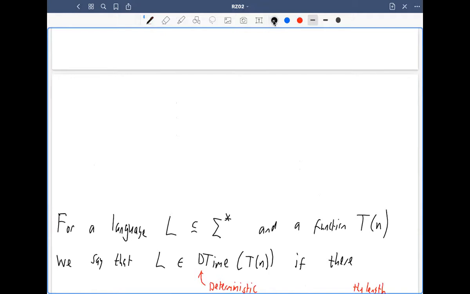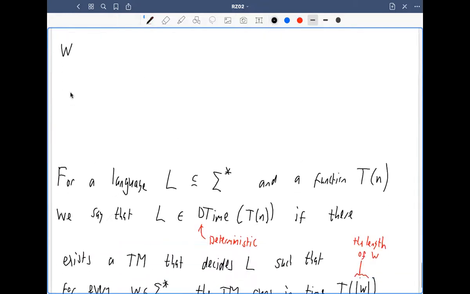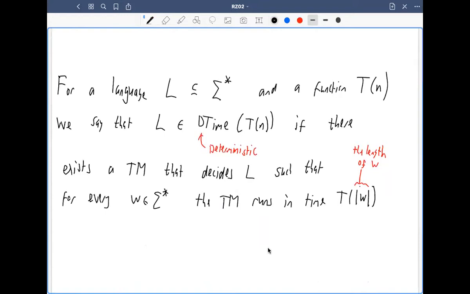What it means is that for every word, the number of steps taken by the Turing machine is less than or equal to t, the function t applied to the length of the word. So the function t is giving an upper bound for the worst-case runtime of all words of that length.